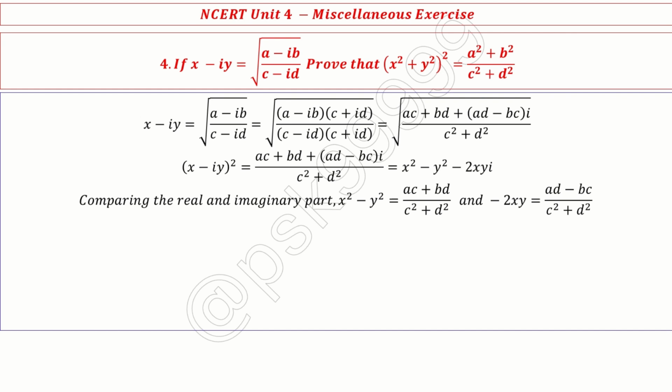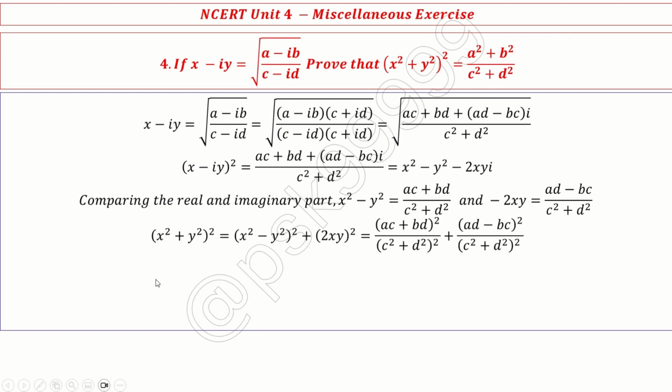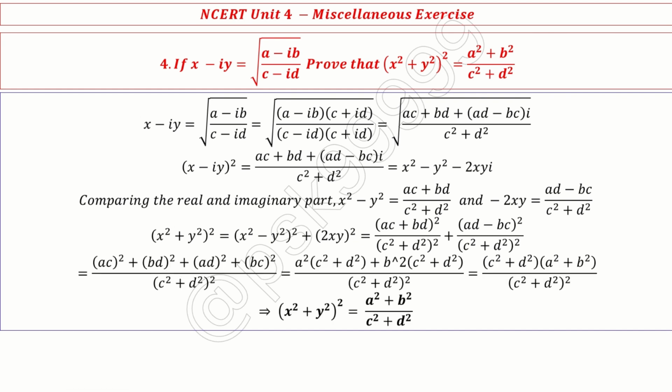Comparing the real and imaginary parts, x square minus y square is the real part, which equals ac plus bd divided by c square plus d square, and minus 2xy is the imaginary part, which equals ad minus bc divided by c square plus d square. Now (x square plus y square) whole square is equal to (x square minus y square) whole square plus (2xy) whole square. Substitute the values correctly and simplify, and you will get a square plus b square divided by c square plus d square. That's what we wanted to prove.